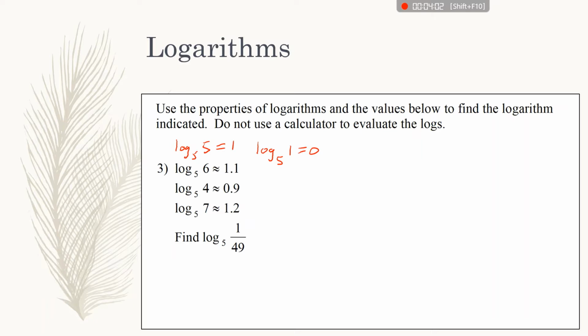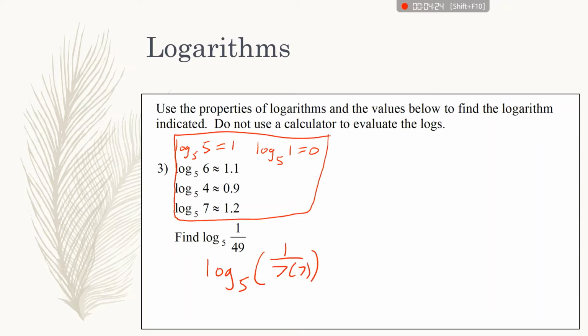So what I'm going to do is I'm going to factor this 1 over 49 to get log base 5 of 1 over 7 times 7. Okay, that tells me all of these are numbers I can work with. So 1, 1, and 7.